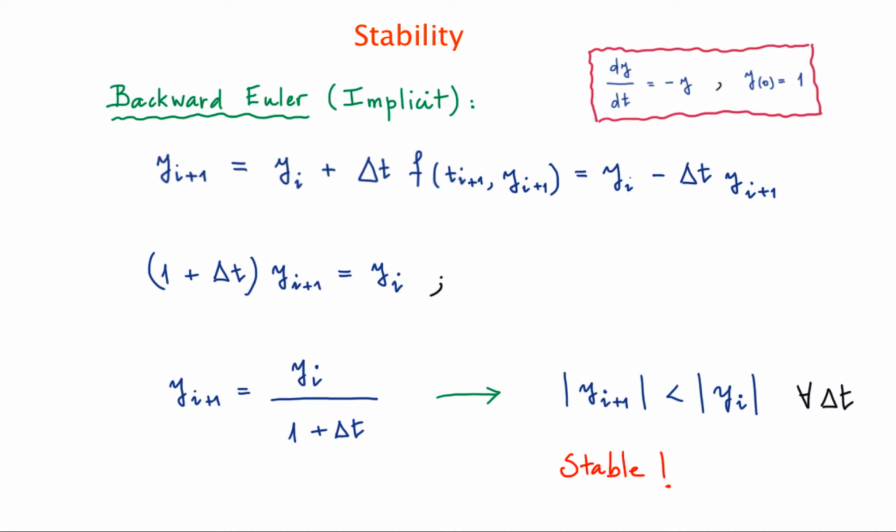which is the backward Euler method. So basically here we are doing pretty much the same. We are applying the method directly. This is an implicit method. Again, this f function, in this case, is minus y, but evaluated at time i plus 1, and the y function should be y evaluated at time i plus 1. That's why we have this y function evaluated at time i plus 1.